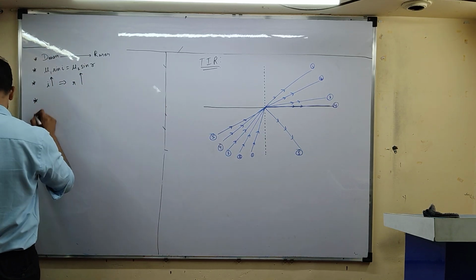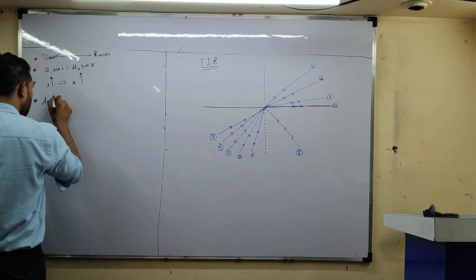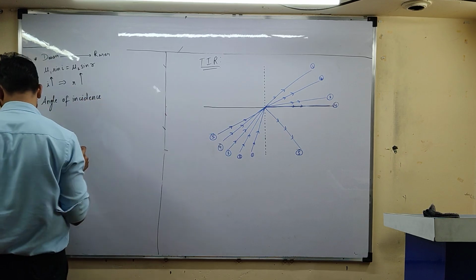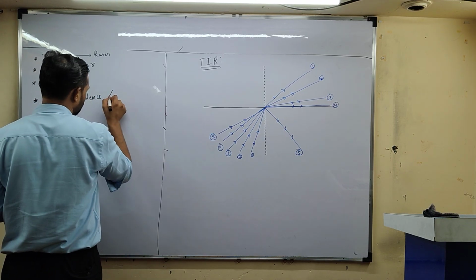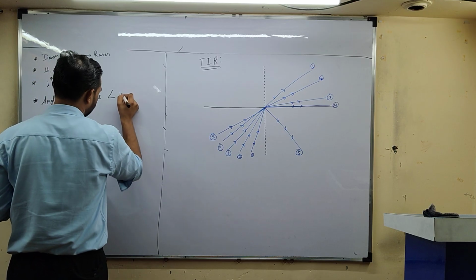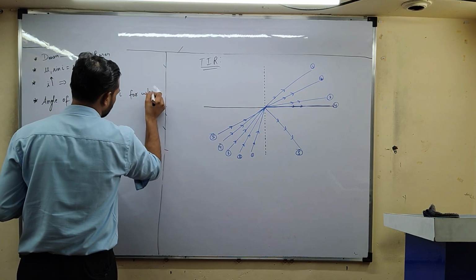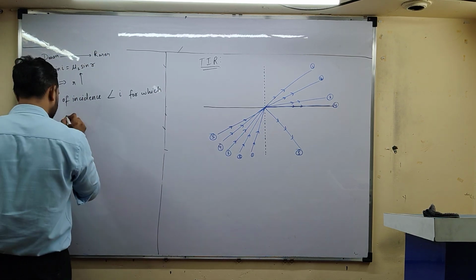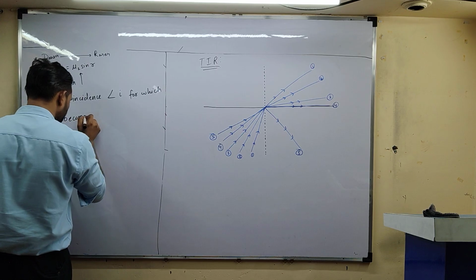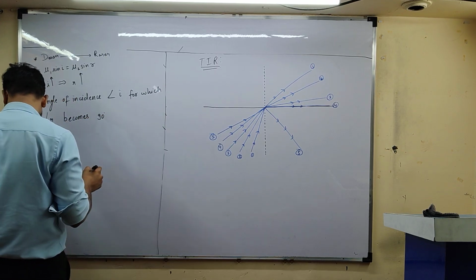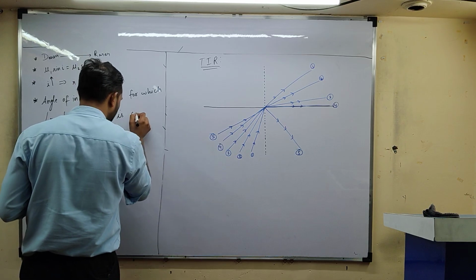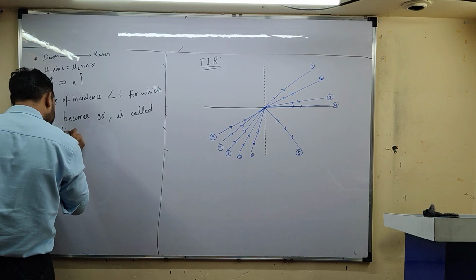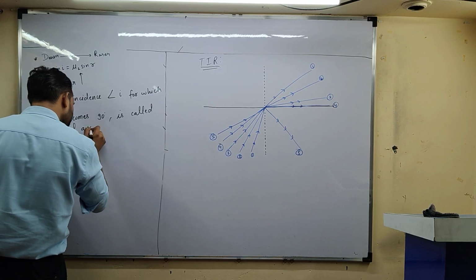Another, the angle of incidence, less than which angle R becomes 90, is called critical angle.